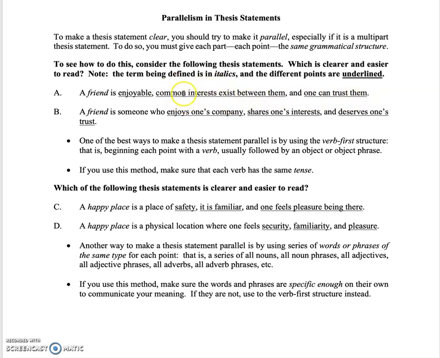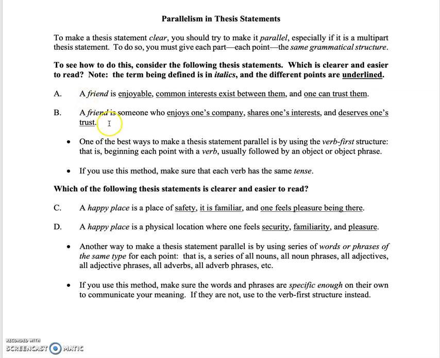One begins with common interests, the other begins with one, so they're beginning with different kinds of nouns. The verbs are different. This is just a present tense, and this is can trust with a helping verb. So even though they're both independent clauses, they're structured very differently. And that's why this reads so awkwardly and it's harder to understand.